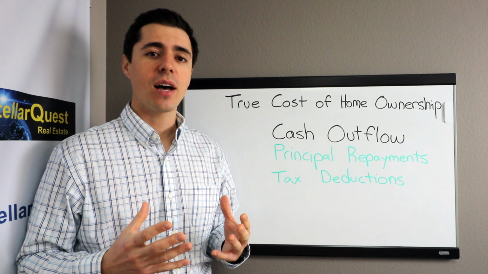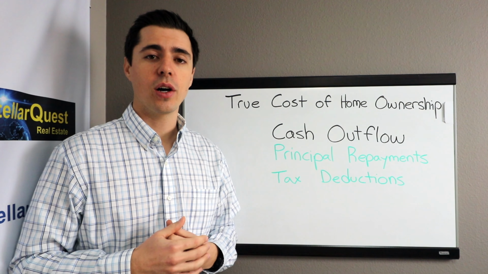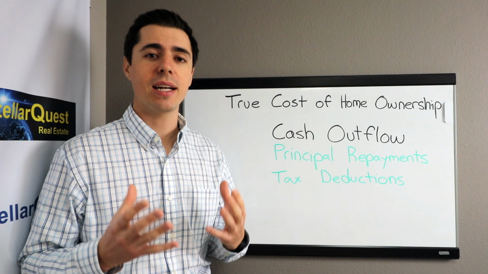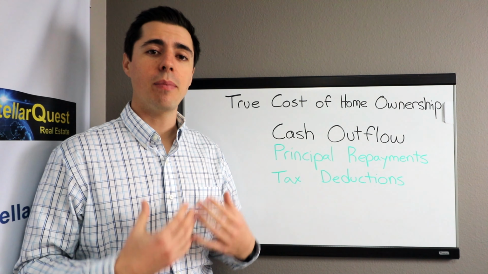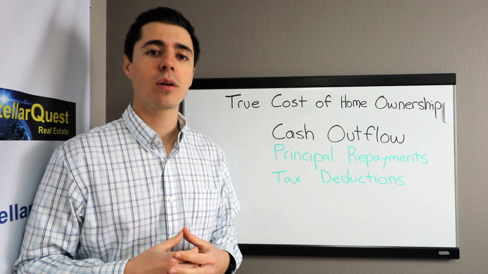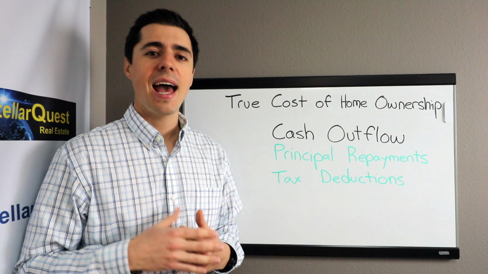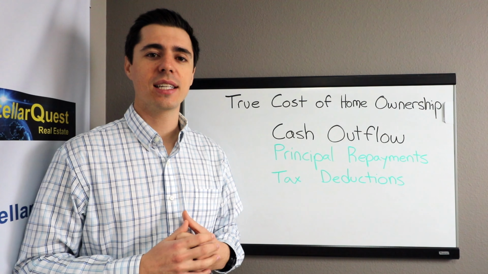We're going to start by calculating their total cash outflow, which is essentially the total amount of money they're going to have to spend every month in order to own the home. Then we're going to talk about how some of that money actually comes back to the buyer in the form of increased equity in the home and the tax savings you can take advantage of if you itemize on your tax return as opposed to taking the standard deduction.